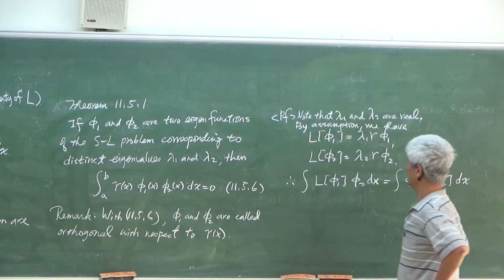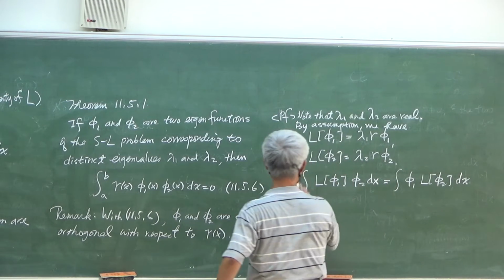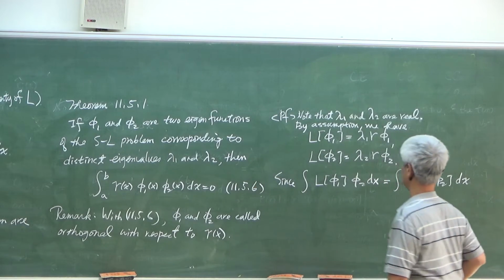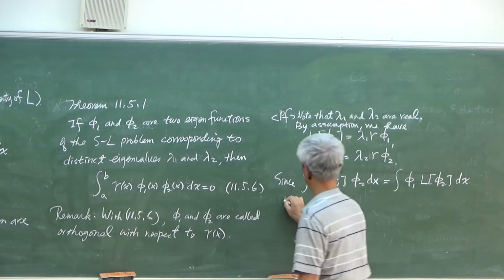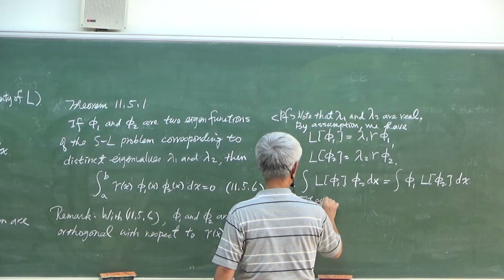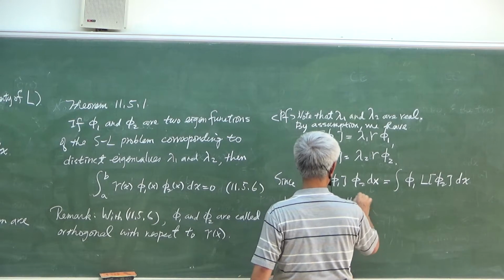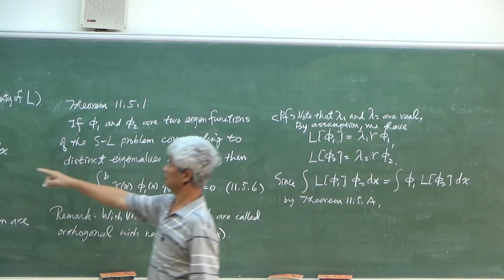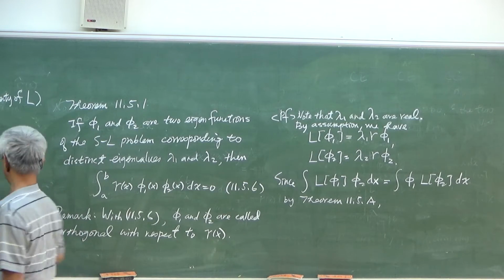And we have this identity by the theorem given for A. Okay, so we apply it here.